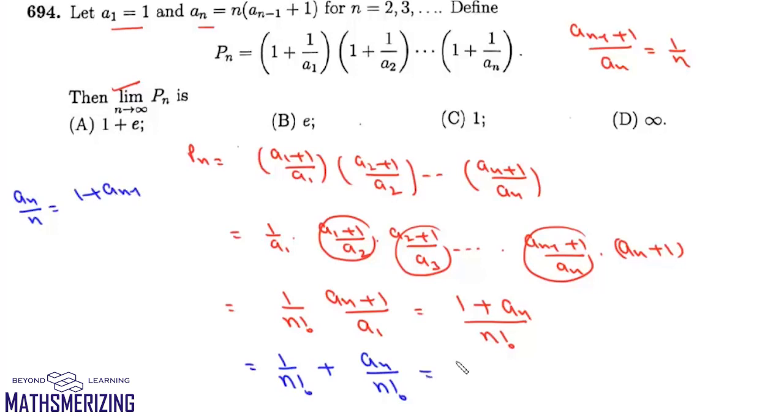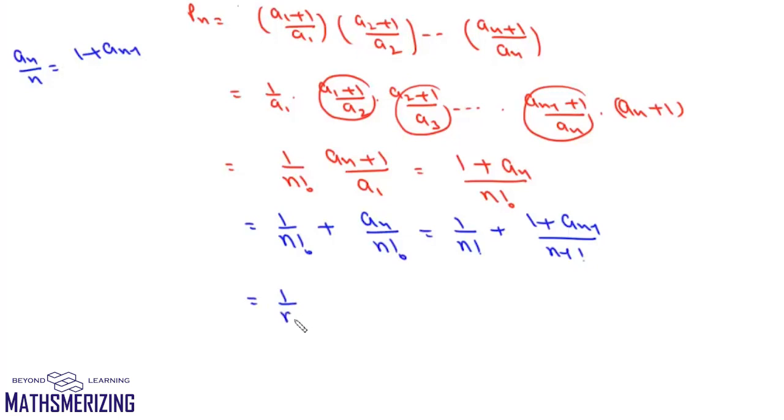So we can also write this as 1 upon factorial n plus (1 plus an minus 1) upon factorial n minus 1, which is 1 upon factorial n plus 1 upon factorial n minus 1.